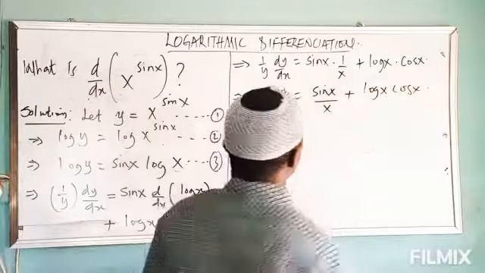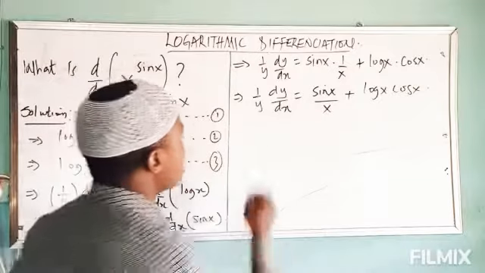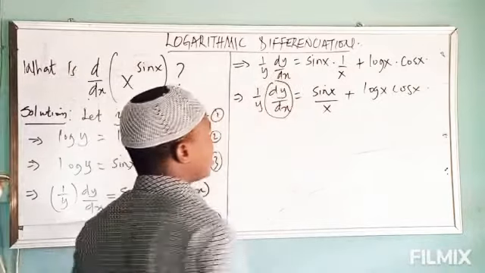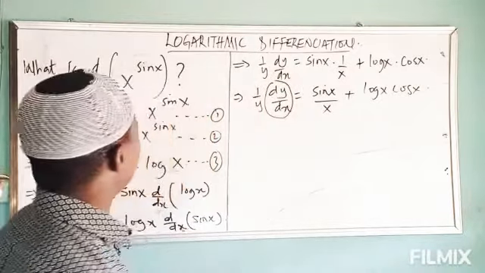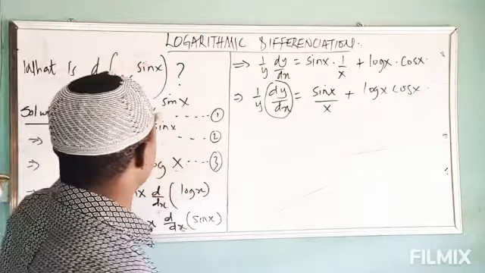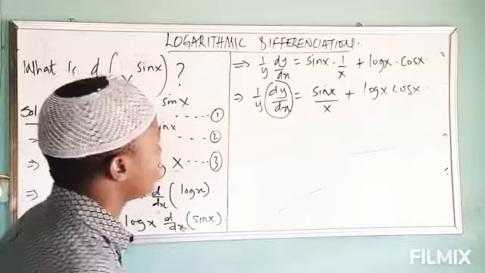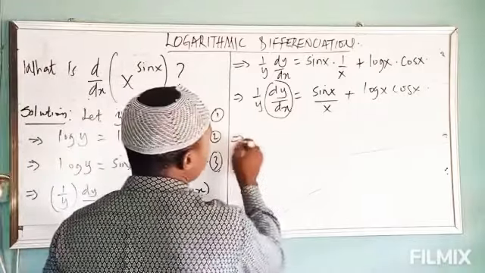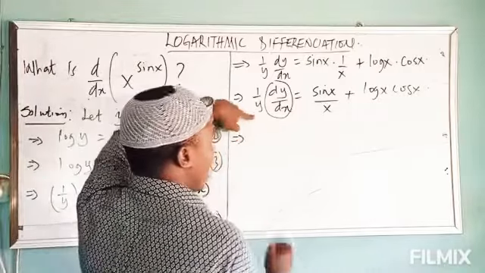So now from there we are looking for dy dx, understand? Because they said we should get the differential coefficient of this y, x and s. So what are you going to do? You try to multiply both sides by y.